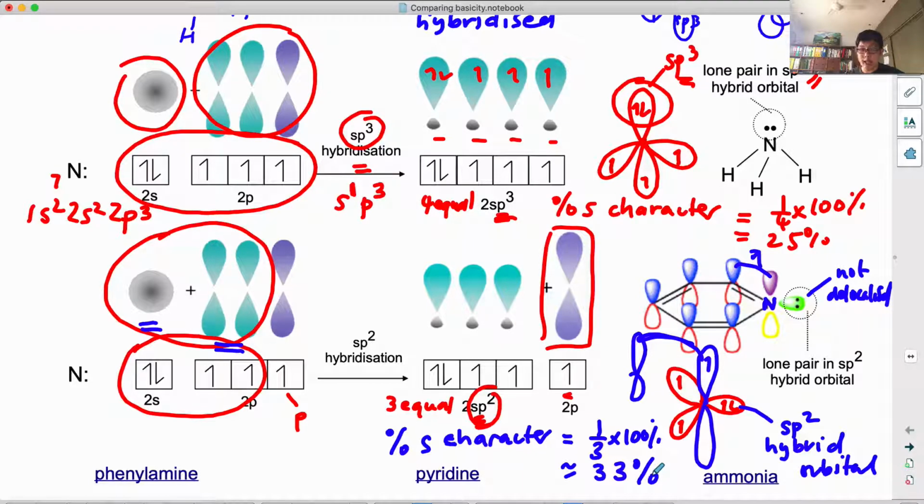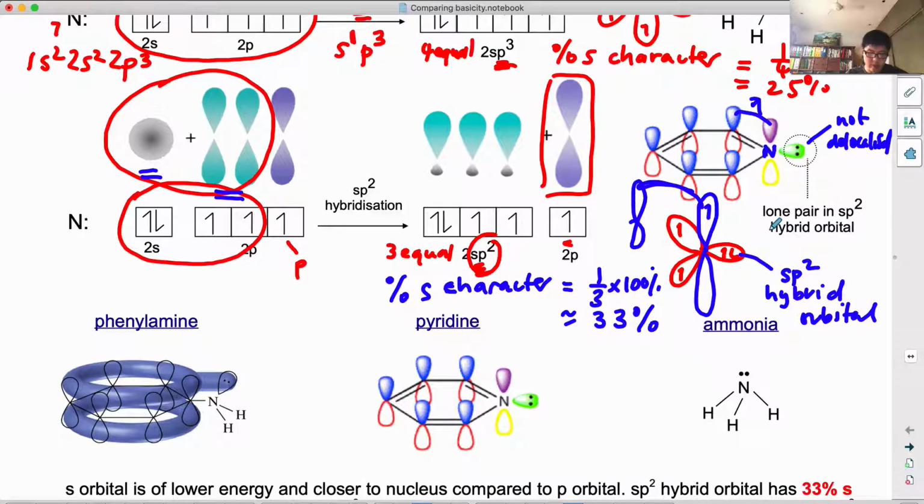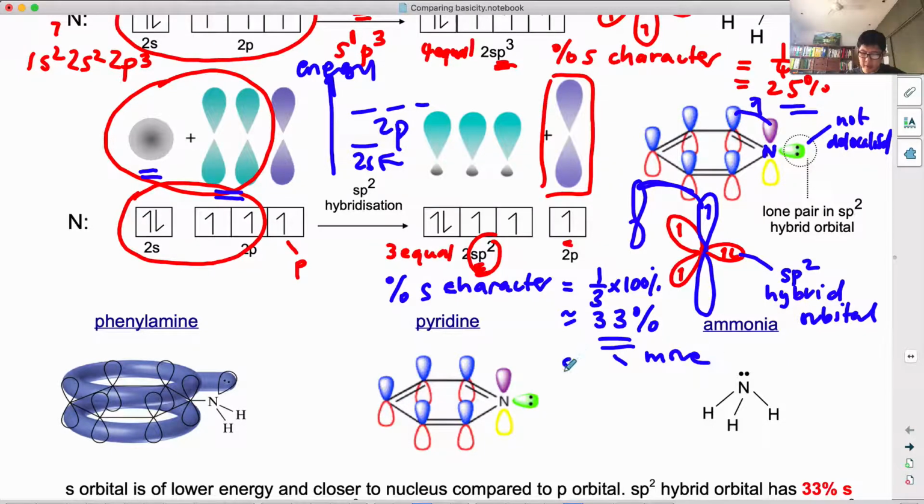You must know that the s orbital is closer to the nucleus, because if you draw the energy line, we always say 2s at this energy, then 2p. So we know that 2s is closer to the nucleus, and 2p is further away from the nucleus. So 33% compared to 25%: sp2 has more s character.